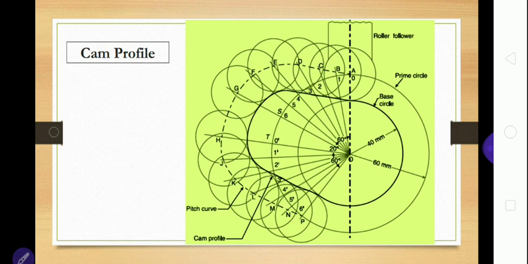You have to draw first the base circle, and then you have to draw the prime circle at the center O to A radius, and on that prime circle you have to draw the rollers, and from the base of all these rollers one curve you have to draw, and that curve is our cam profile. So this is the only difference between knife edge follower and roller follower. So draw these two diagrams, that is displacement diagram and cam profile diagram, and write in the comment box if you are having any problem.